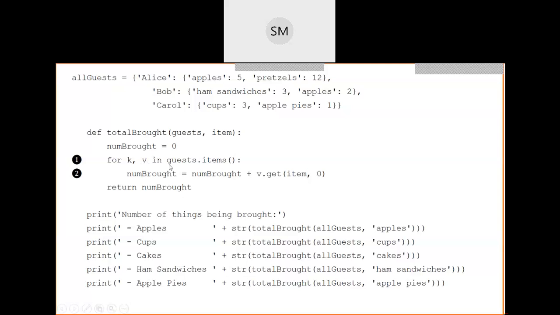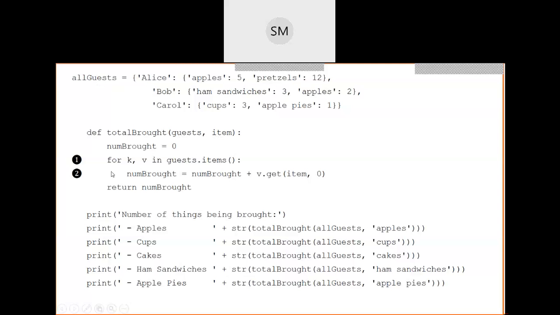And we are using this for loop on guests dot items. In the function arguments I am using guests and item. So this guests is nothing but this all guests only. Okay, we will come to this part later.